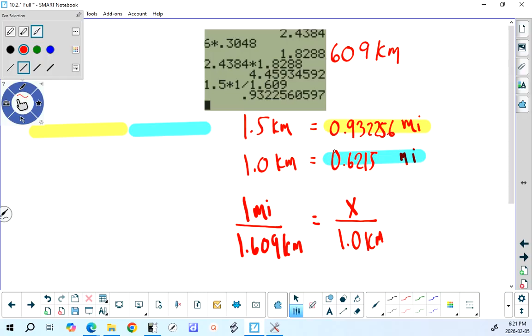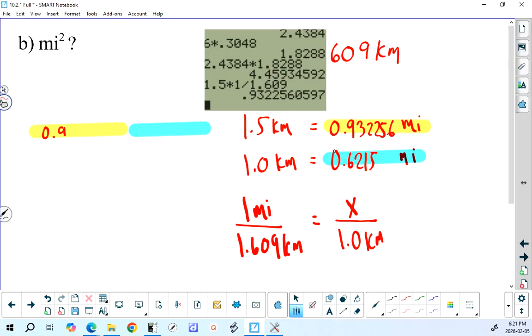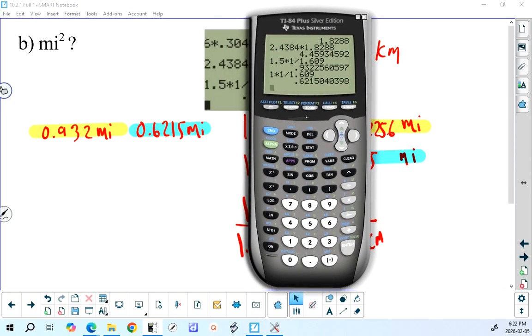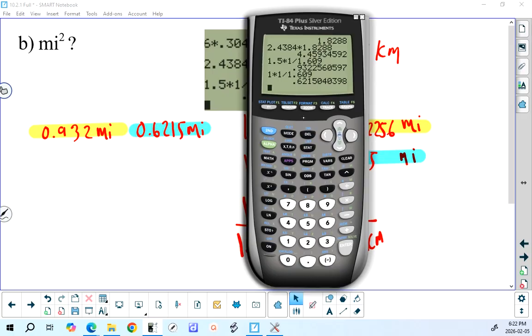We need to take 0.932 whatever miles times 0.6215 whatever miles. And if you have a graphing calculator, which you're going to need in this course, it's not even a recommendation, it's a requirement. If you just focus your attention at my calculator screen, I don't need to write down any of those numbers.